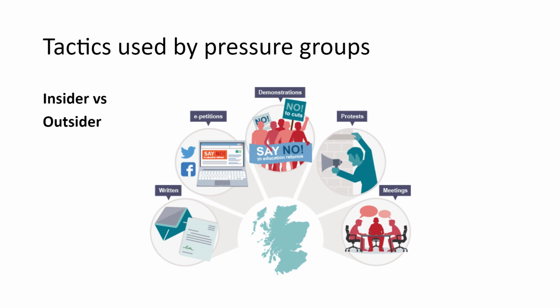Insider tends to be more formal processes like putting things in writing, responding to consultations, having meetings, lobbying, which is named after the small corridors in Parliament, which is where they try and influence individual MPs, and petitions. Whereas things that are more like demonstration and protest can tip over into outsider tactics. So people at pressure groups that don't have such a close relationship with government.